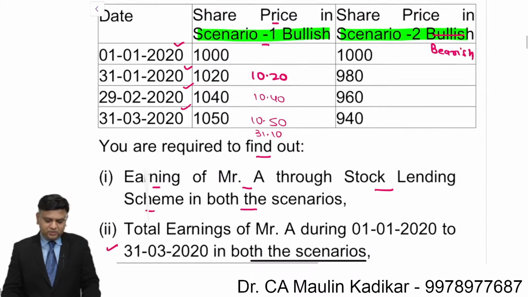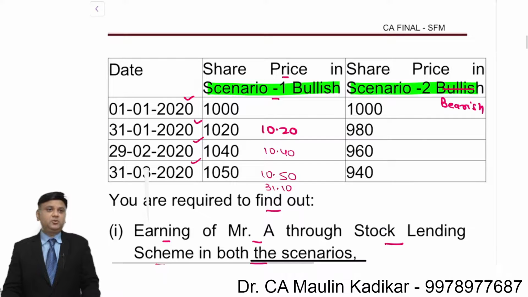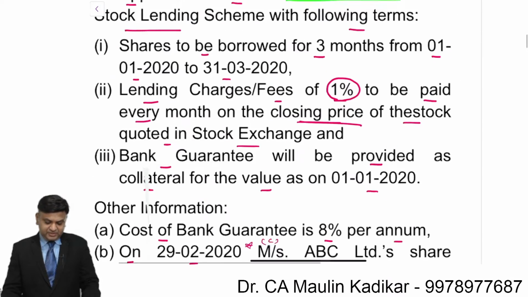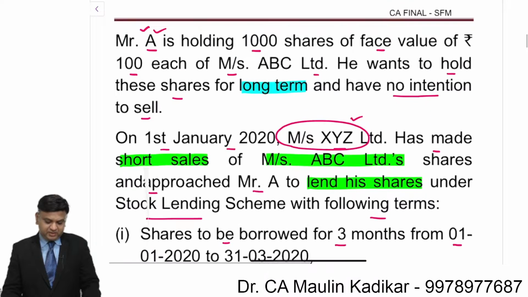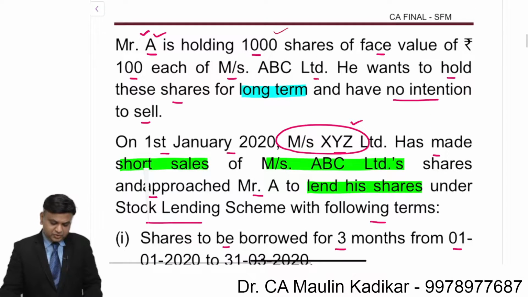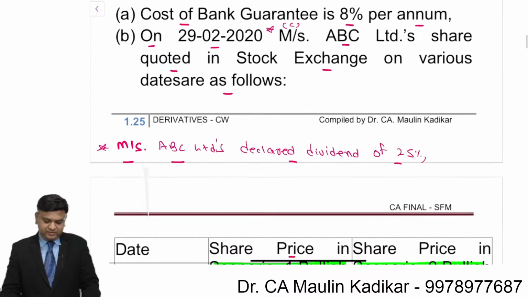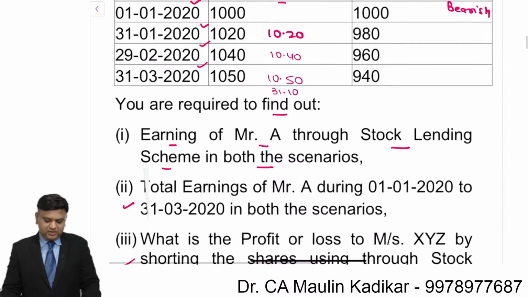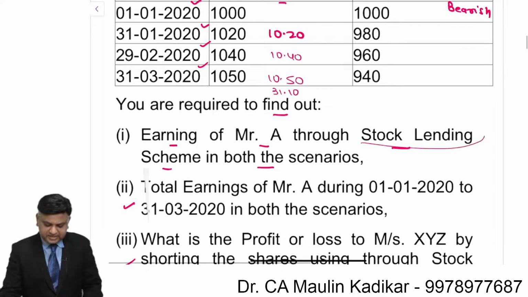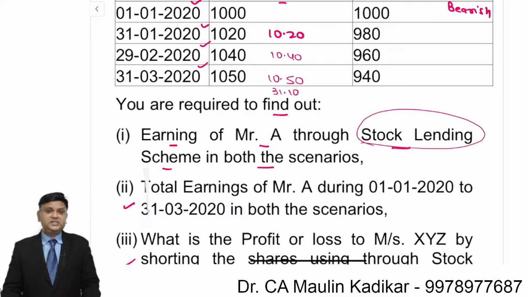In the first scenario, Mr. A will be able to earn 31 rupees 10 paise on every share that Mr. A has lent. As per the given information, 1000 shares have been lent, so it is 1000 into 31.1, which is the earning through the stock lending scheme.